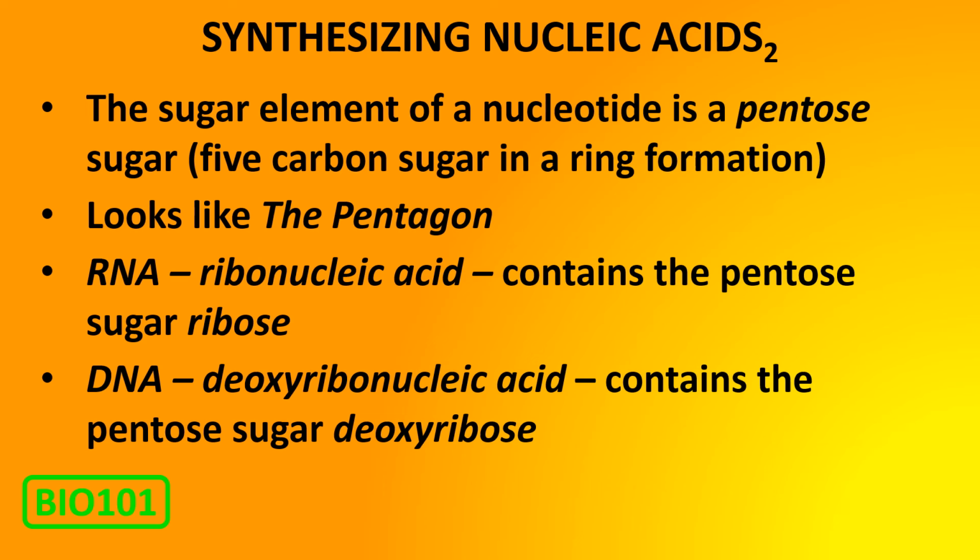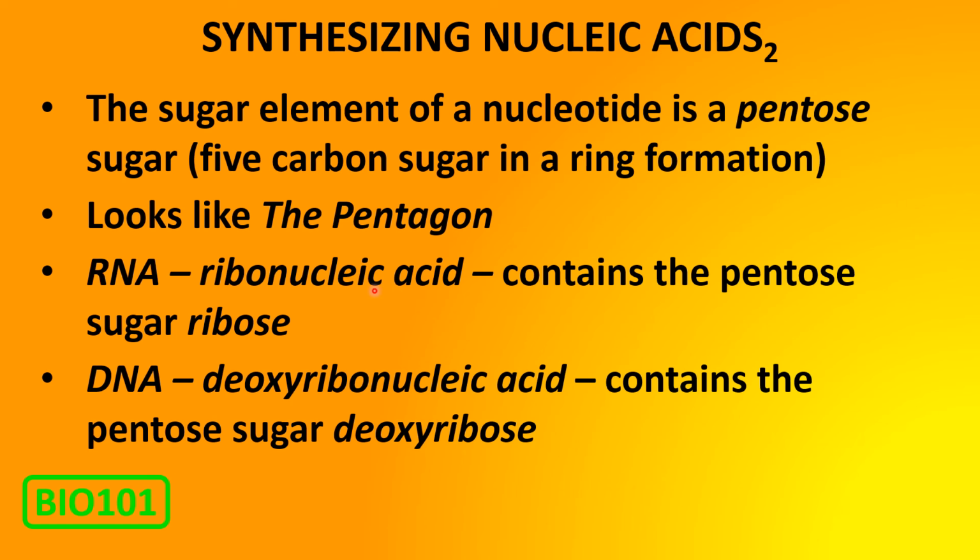Okay, synthesizing nucleic acids. We're talking about nucleic acids again still. The sugar element of nucleic acid is a pentose sugar. Pentose, as I've explained, is a 5-carbon sugar in a ring formation. If you draw it out on paper, it looks like the pentagon. So, RNA is an acronym that stands for ribonucleic acid.